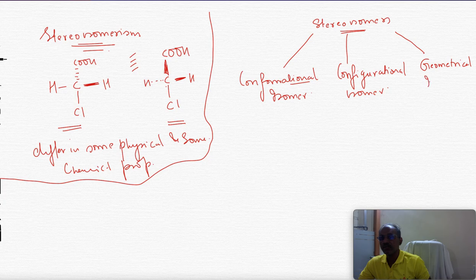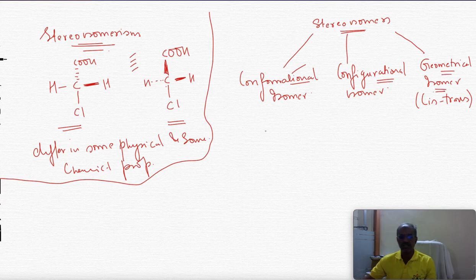Geometrical isomerism is also known as cis trans isomers, right? Stereoisomers are conformational isomer, configurational isomer, and geometrical isomers, which are also known as cis trans isomers.